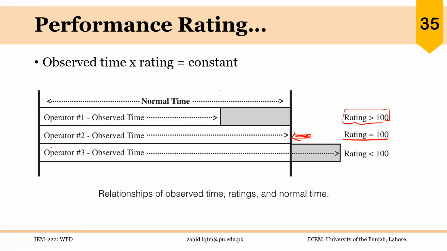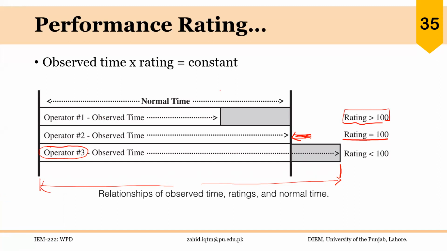Similarly, for operator number 3, once observed, we find that he is too slow to perform the task. The time taken by him will be larger than that of the average worker. If we set the standard based on the time taken by the slow worker, that time will be greater than should be taken by an average worker.